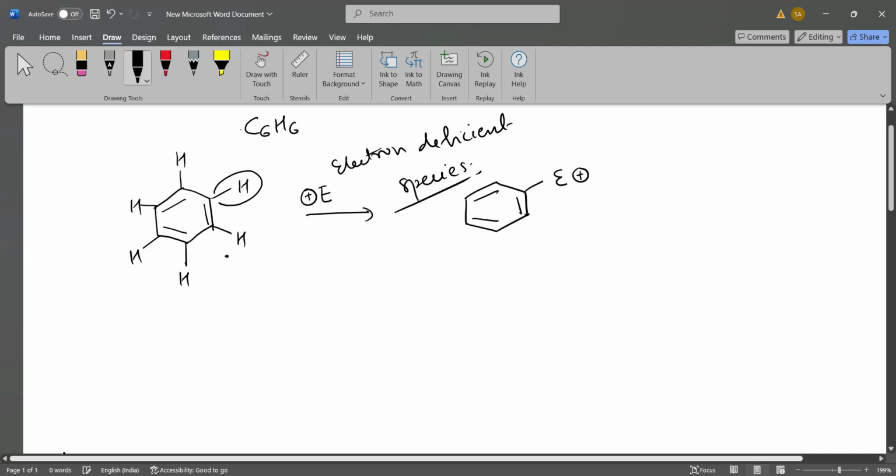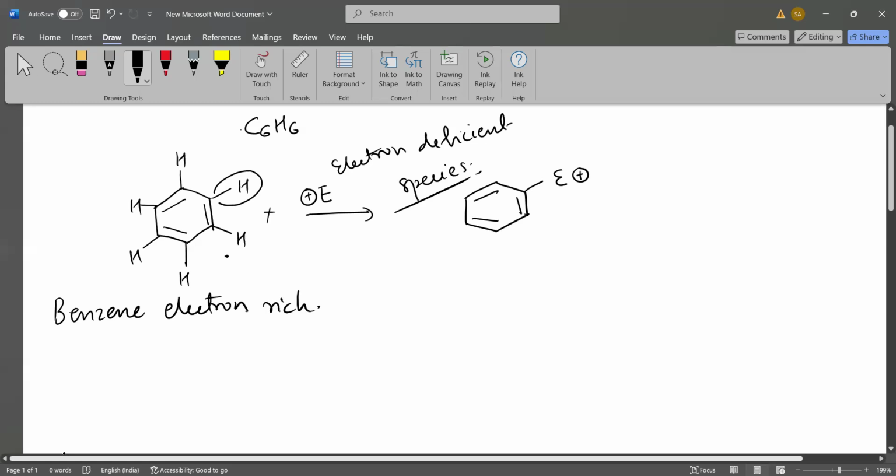Already we have learned about it. But there must be a question in your mind: why can benzene opt for electrophilic substitution, because benzene itself is electron rich? Benzene is electron rich, correct? Why is it electron rich?